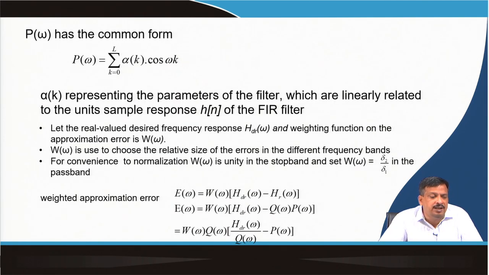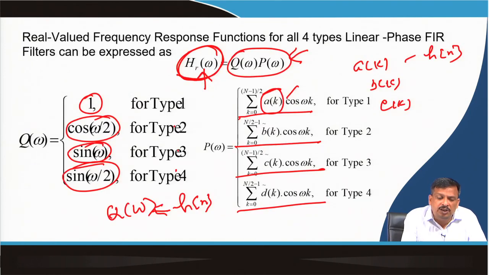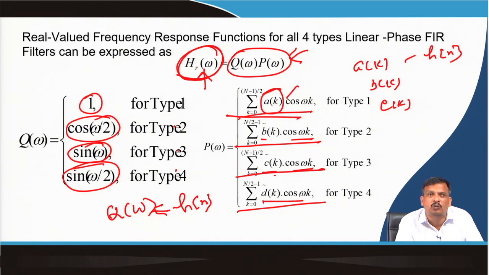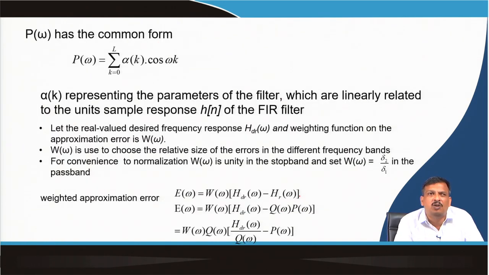So, the problem is, if you see P(ω), in a common form I can write it down. Let us say all are b_k cos ωk, c_k cos ωk, d_k cos ωk; all are the same kinds of things.